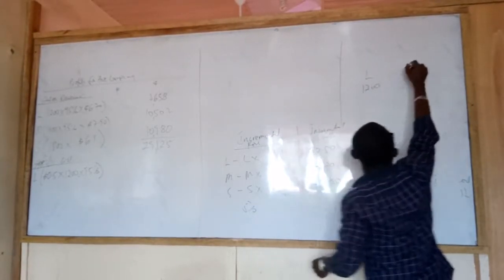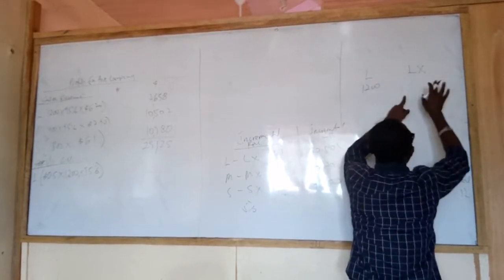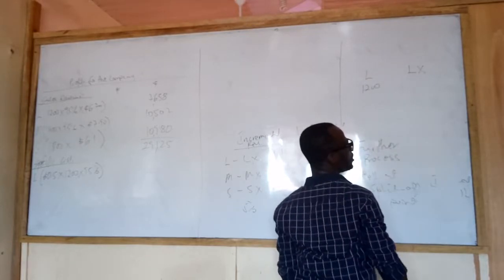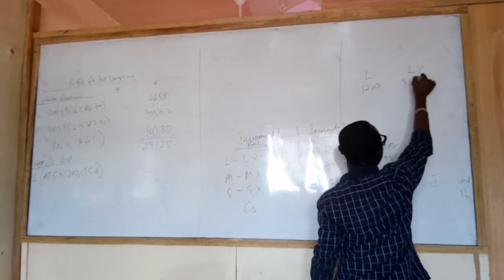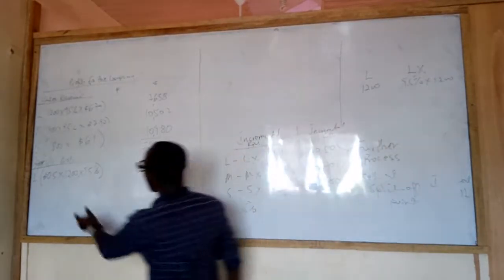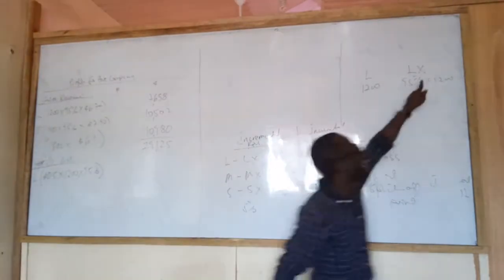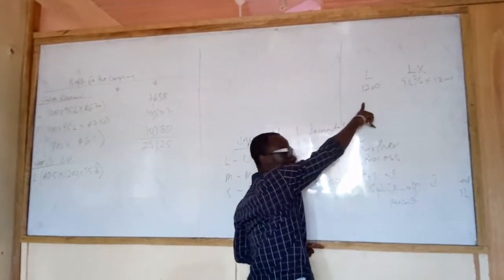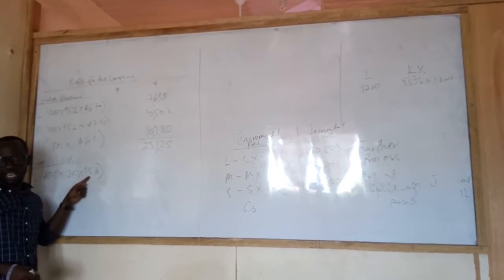L is 1,200. LX is the further process. If we try to process, we will lose 5% of this. So what is the output for LX? It is 95% of this. Do you agree? If that is the case with the cost, it says 0.5 of LX, it didn't say 0.5 of L. So we need to take 95% of this one.